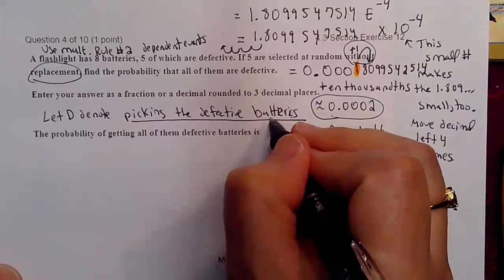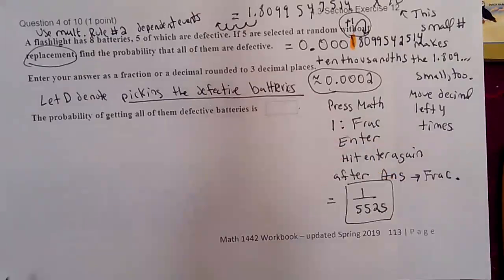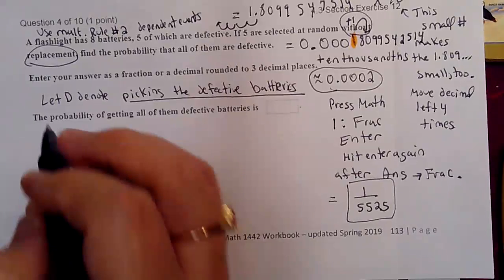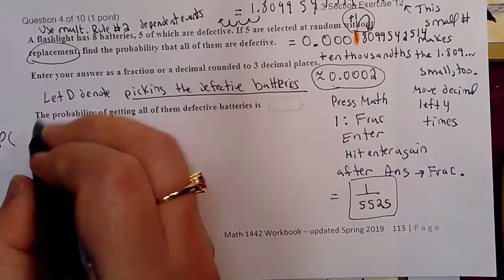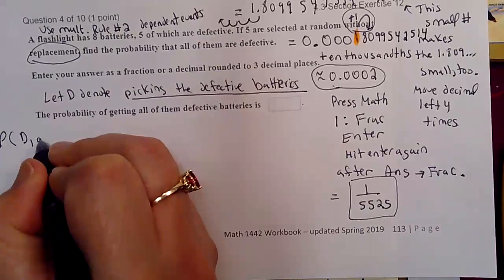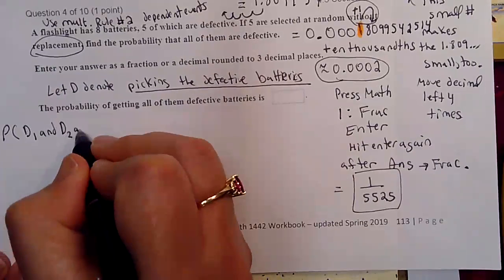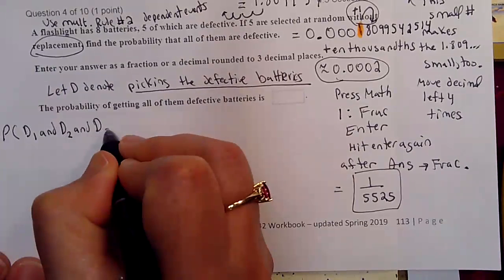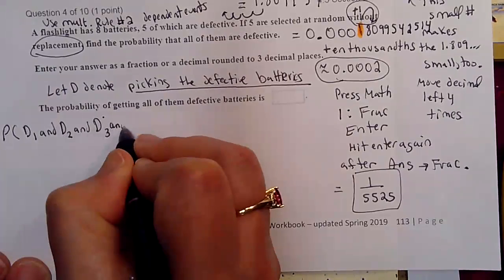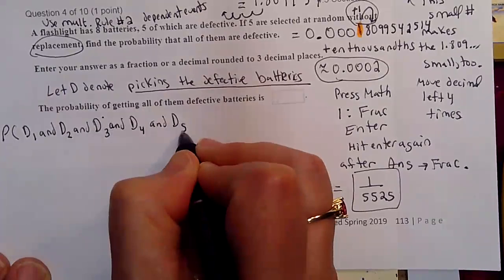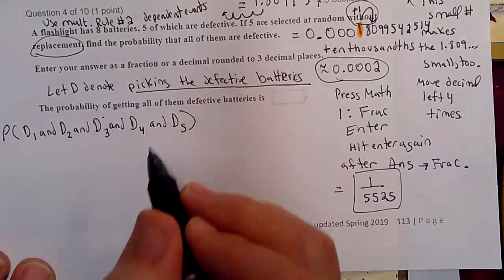And how many are we choosing? If 5 are selected at random, so we're choosing 5. So probability of D sub 1 and D sub 2 and D sub 3 and D sub 4 and D sub 5. It's a lot. You're choosing 5 of them.